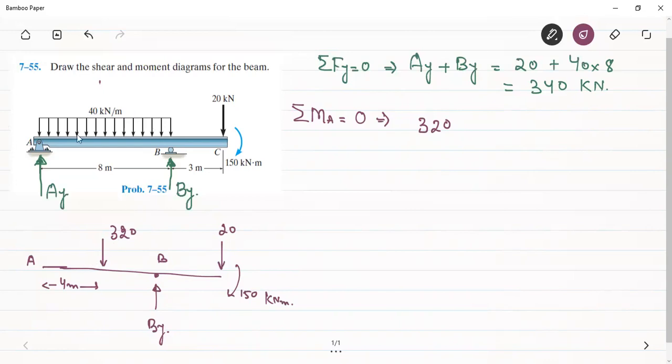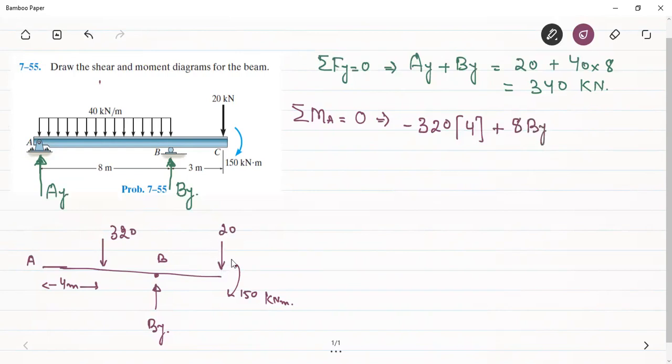So this UDL will create a moment of 320 into 4, but that will be in the clockwise sense. Therefore, let's take this direction to be negative. Plus BY will create an anti-clockwise moment about A. Therefore, we consider it to be a positive moment. So this will act at a distance of 8.